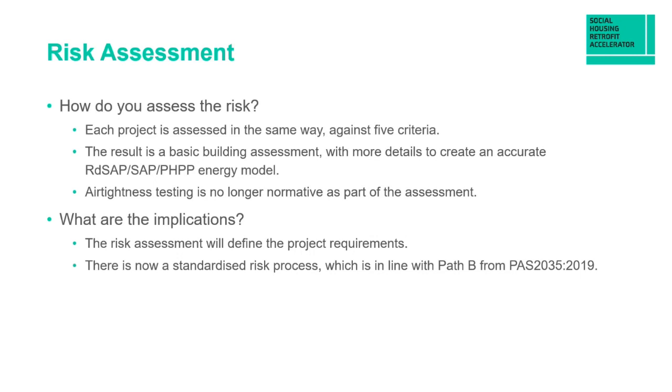So what are the implications of those changes? Or what are the implications of this risk assessment? Well, really the risk assessment will define your project requirements, but that has been standardized and is now in line with Pathway B from the original PAS 2019 standard.